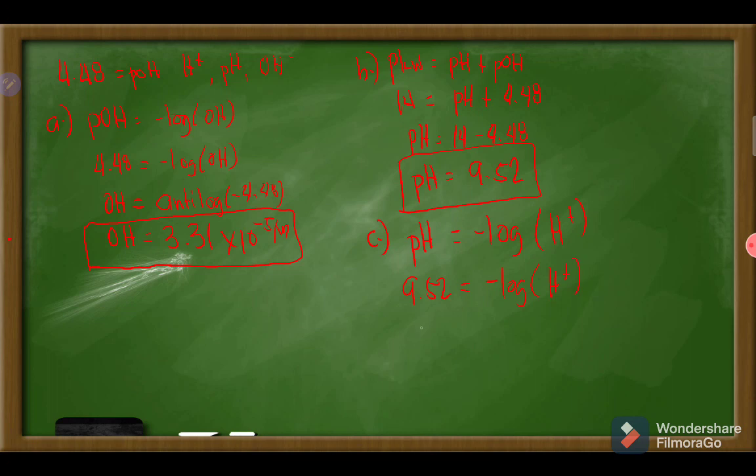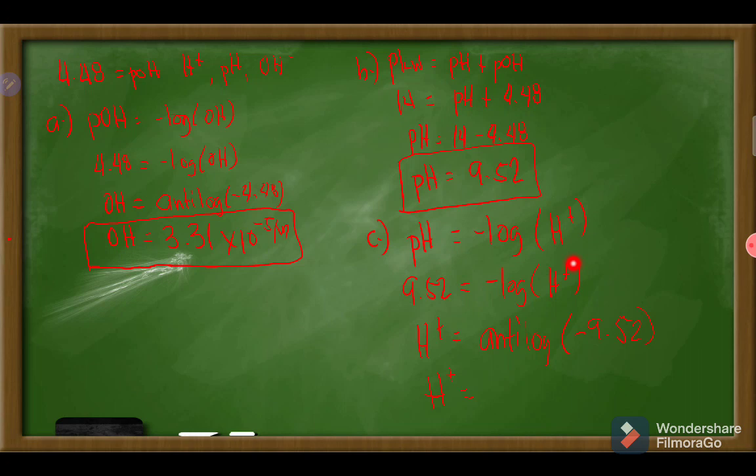The hydrogen ion is equal to the anti-log of negative 9.52. In our calculator, we have shift log, then input the value negative 9.52.